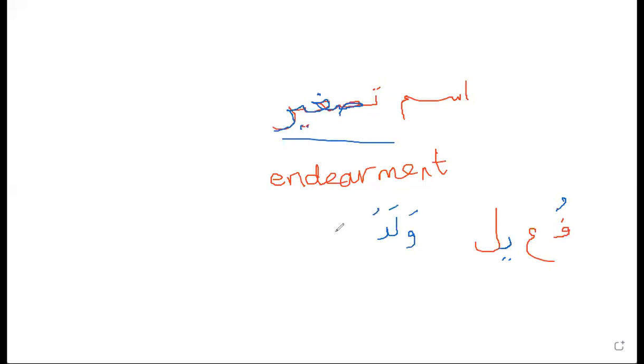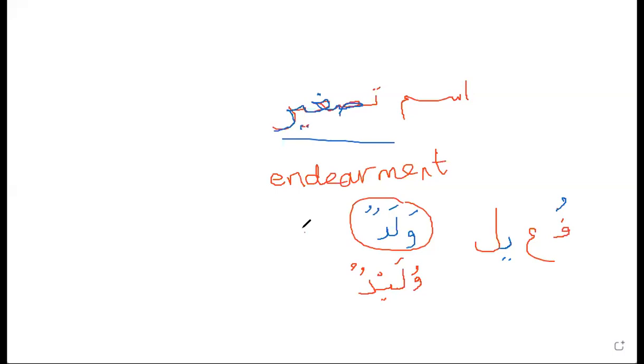If you want to make it tasghir, the waw will have a dhamma, the lam will stay as it is, there will be a ya added after the lam, and the dal will stay as normal. So it becomes wulaydun. And wulaydun basically means a small boy, and it's a form of endearment. Okay.